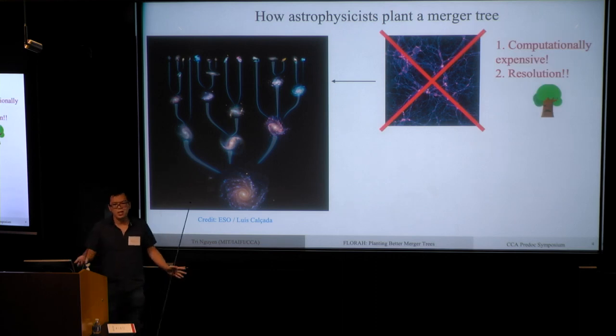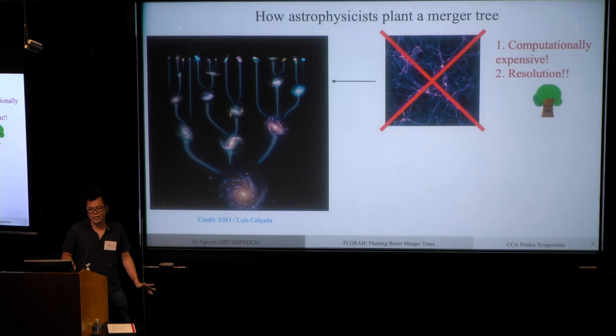Even dark matter only simulation is computationally expensive, and because of that, it is limited by resolution. It is extremely difficult to study a wide range of mass and volume in an N-body simulation. For example, you cannot easily study dwarf galaxies and galaxy clusters simultaneously.